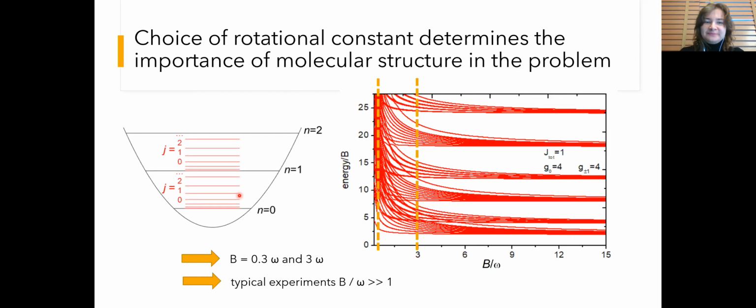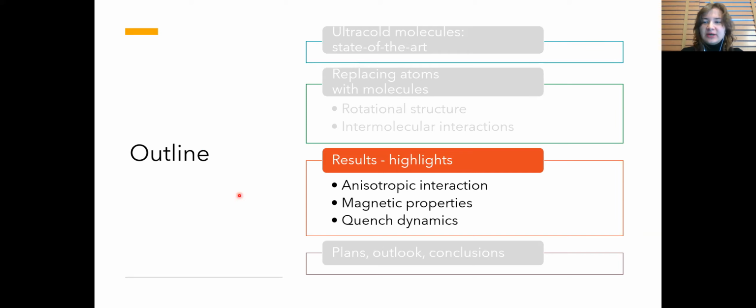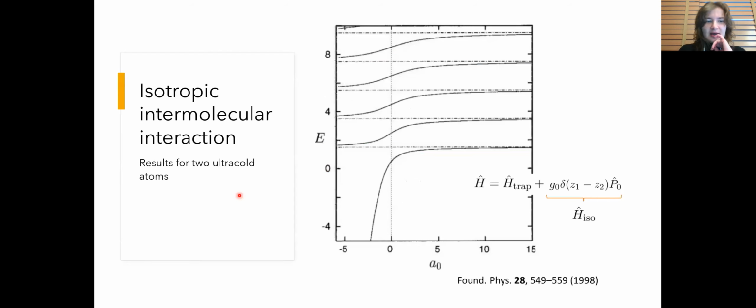Okay. So regarding the results, it's just chosen results. In the end, I will show you the references. If you're interested, please go there. I will again just remind you of the result for the 2 atoms, to introduce one concept that probably you all perfectly know, the Tonks-Girardeau regime.